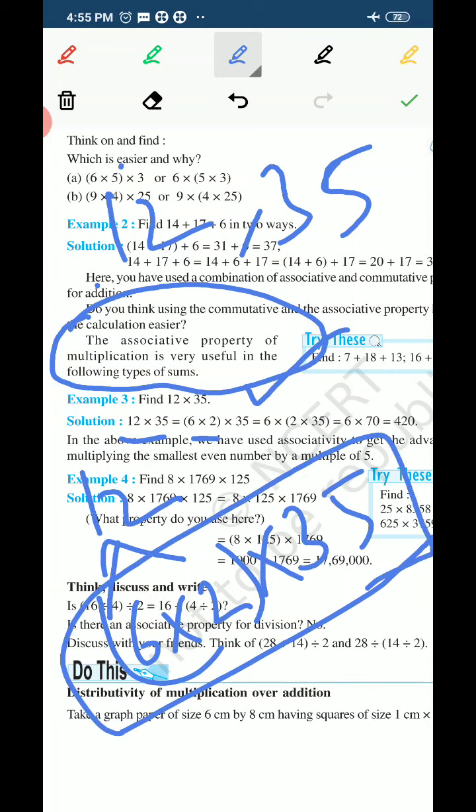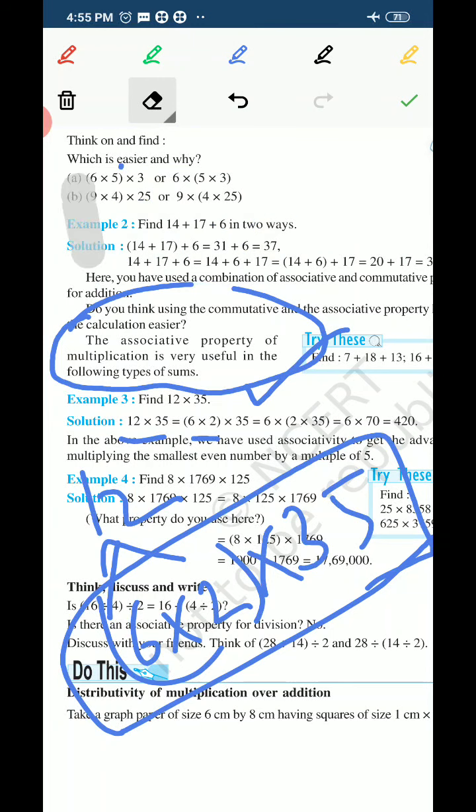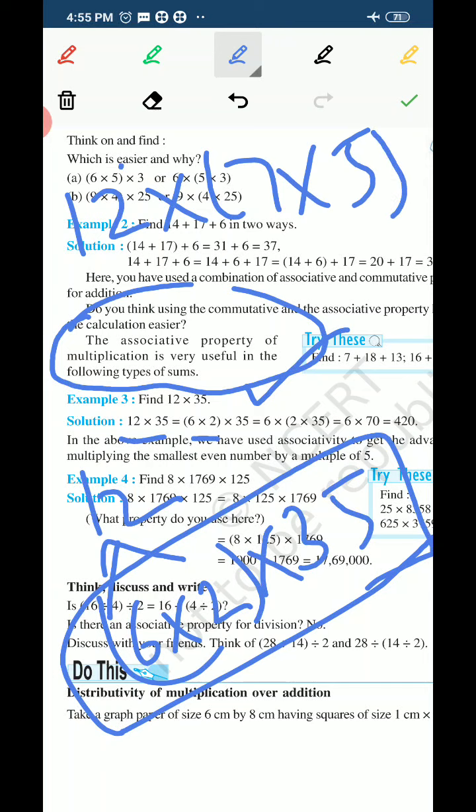One more association of 12 and 35 can be like this: we can also factorize 35. How? We know that 7 into 5 is 35. So one way is also like this. So 12 into 7 into 5, or 6 into 2 into 35.